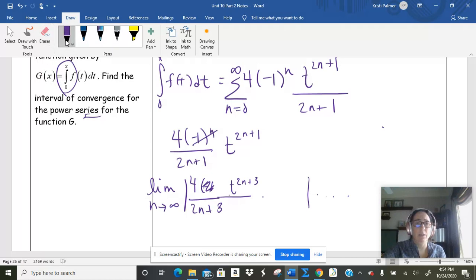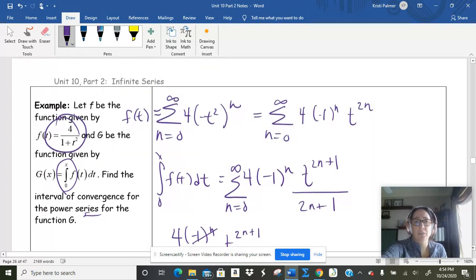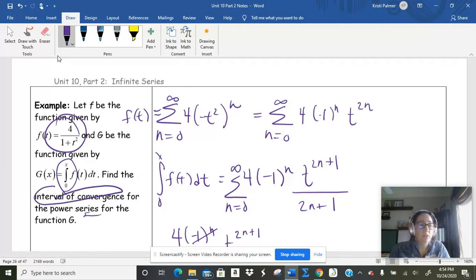I'll go ahead and leave that up there, because that's turning into a ton of work. Do you remember what I said? If we're looking at the interval of convergence, we are trying to find what is happening with these endpoints, knowing where we are centered. And we know we're centered at 0, and everything behaves the same except for the endpoints on the derivatives and the antiderivatives.